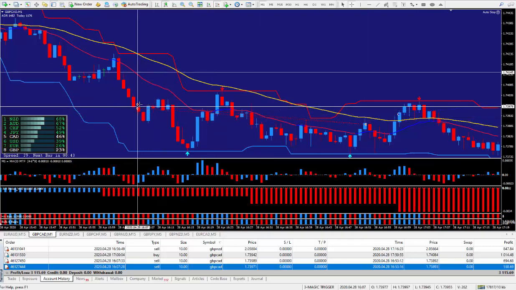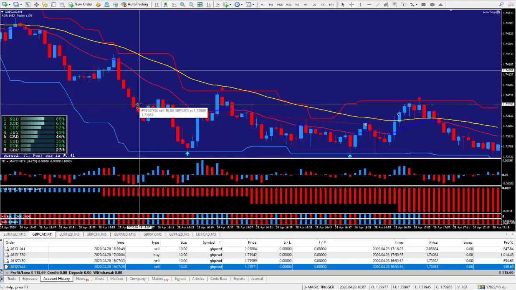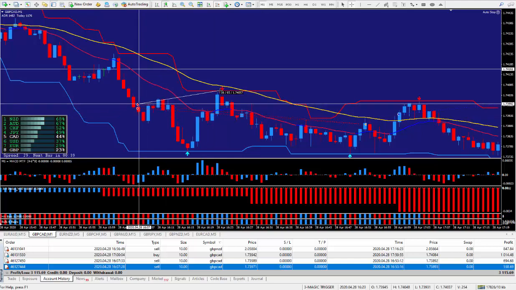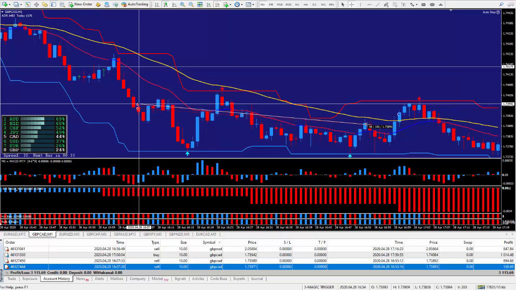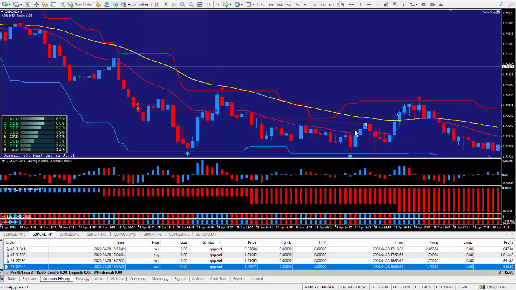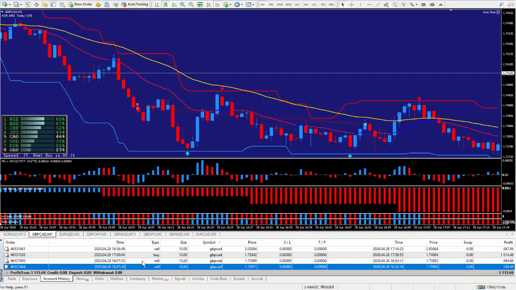I closed them both out at the same time. So in one of them, it went a little bit against me, only looks like about 6 pips, and I closed out the trade with 10 pips on that one. So 10 pips on that one is about $694.